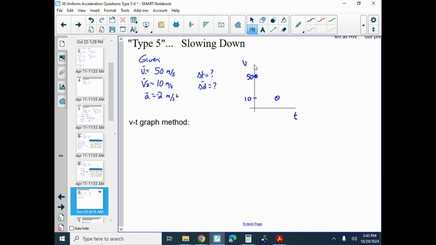And yeah, so it looks like we've got our spots, and we know that it's uniform acceleration because of the kind of questions we're doing. So it's a nice straight line, and we can list the acceleration on here however you want, really. Acceleration equals -2 meters per second squared.